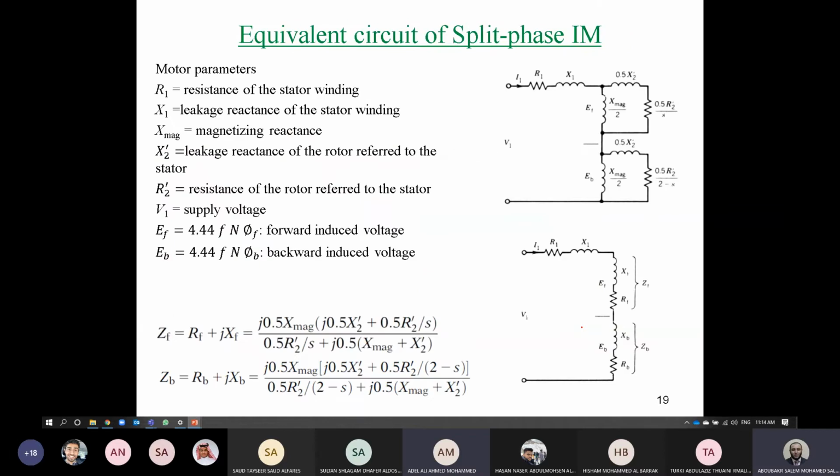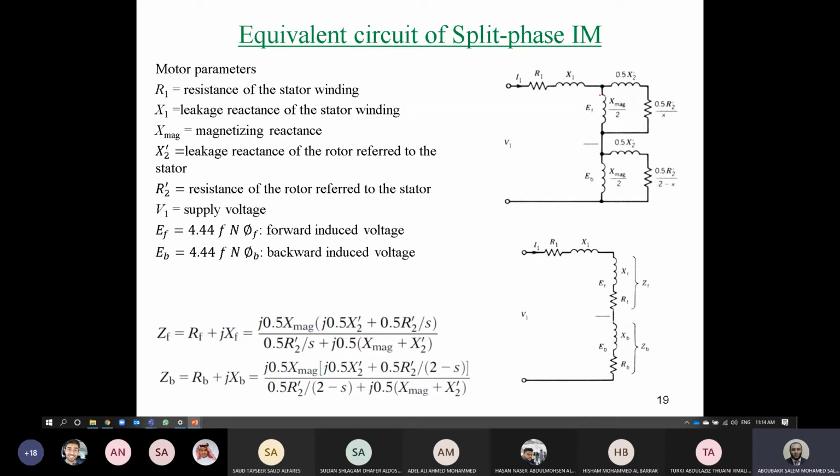Fine. For that, the overall equivalent circuit of a single phase induction motor will be like that. We have a stator equivalent circuit, which is R1 and X1. And then we will have the other part of the rotor circuit.